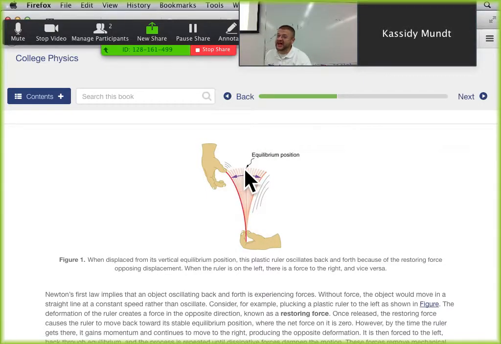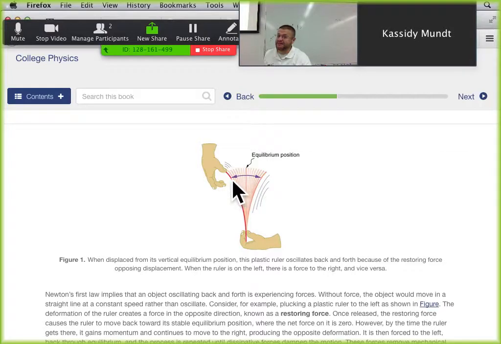When it's moving to the left, which way is it accelerating? To the right. What's happening is it's slowing down and eventually will stop and then turn around and accelerate back towards the middle again. So when it's moving to the left from the equilibrium position, it's accelerating to the right. When it's moving to the right from the equilibrium position, it's accelerating to the left.